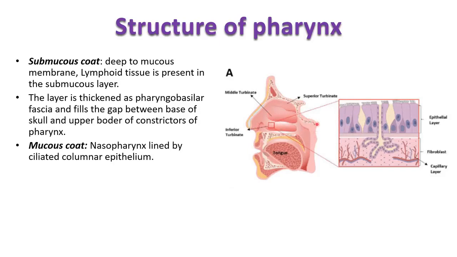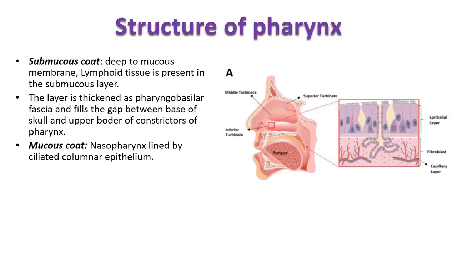The nasopharynx, as I told you, behaves like the nasal cavity itself because it represents the upper respiratory tract. It is pseudostratified because it is a single layer but appears as many layers, since the nuclei are present at different levels, with cilia.